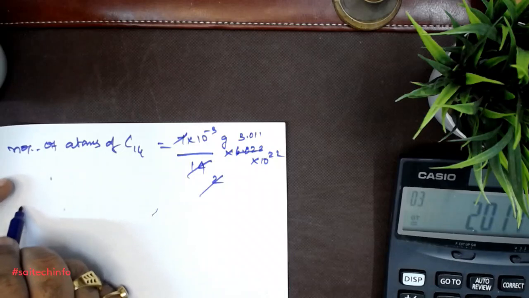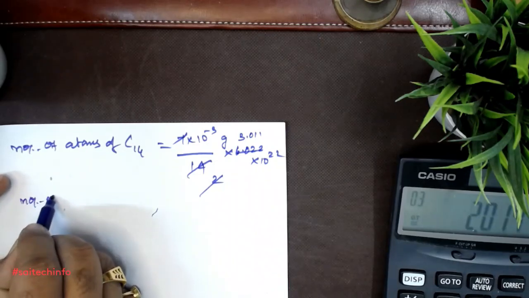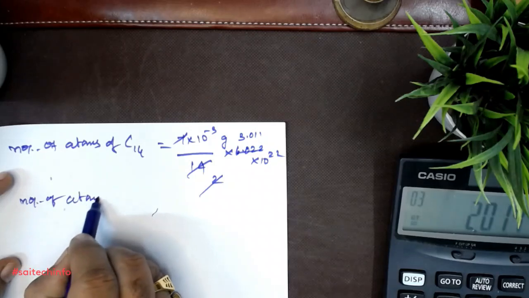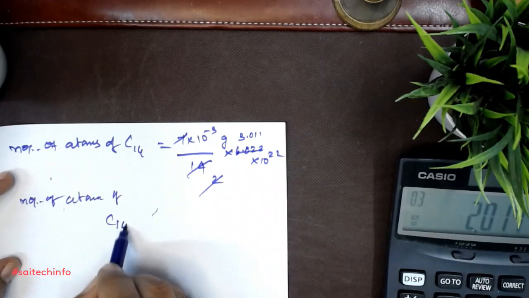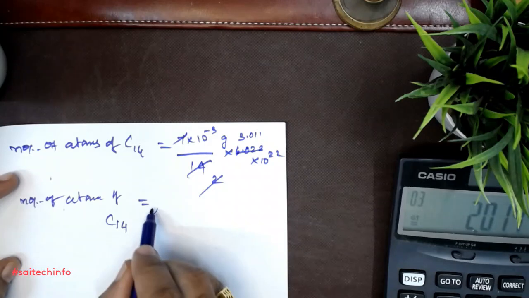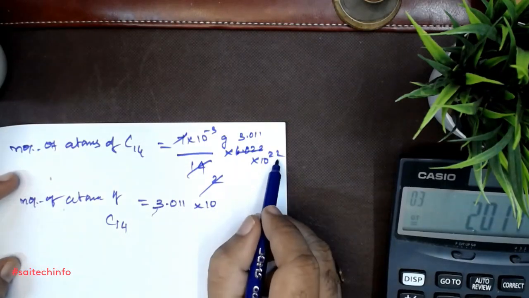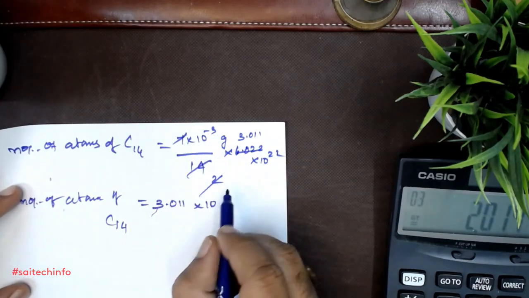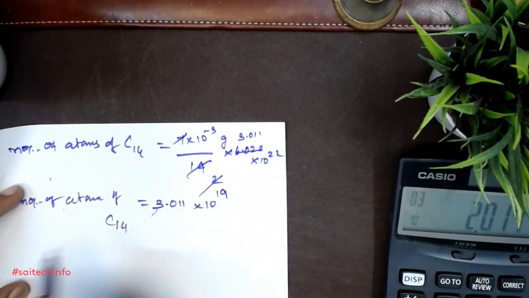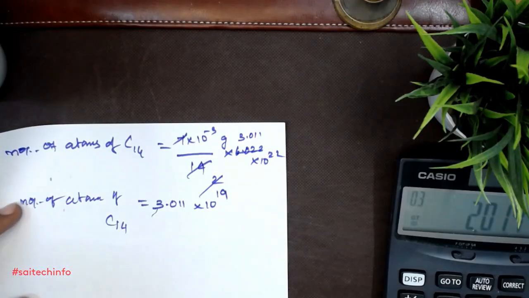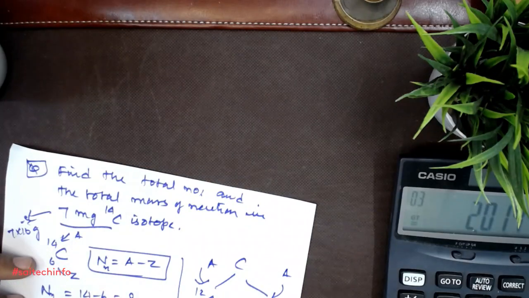So the number of atoms of C14 is equal to 3.011 into 10 power, this is 22, this is minus 3, so 19. And what else are we supposed to do? We have to count the neutrons, which we already found out.